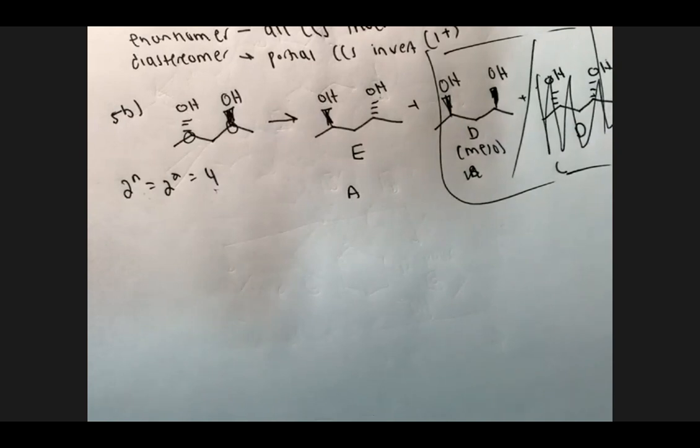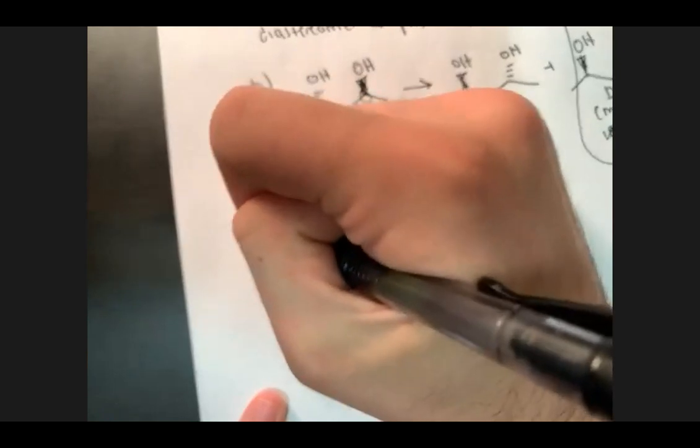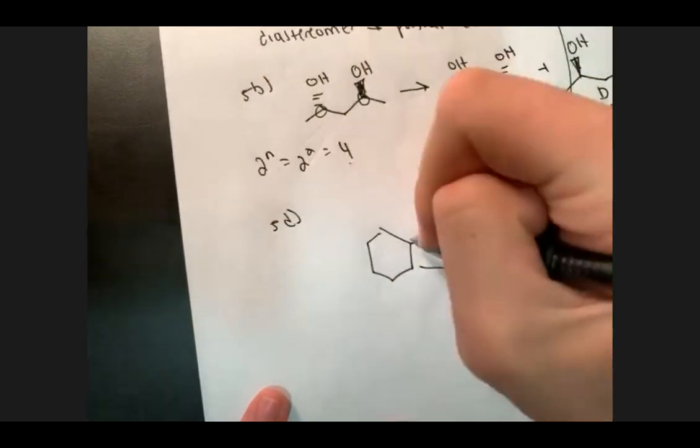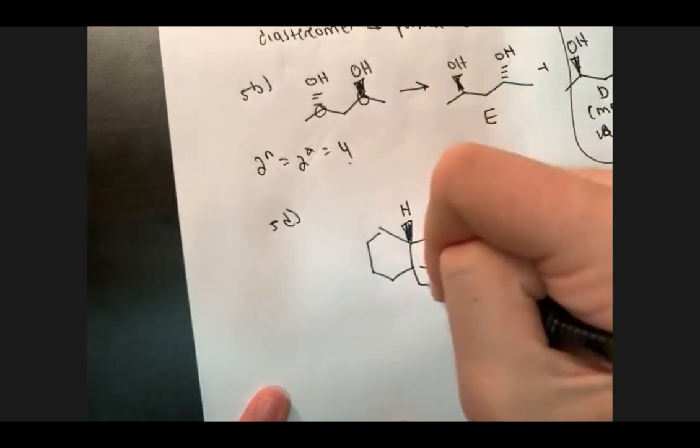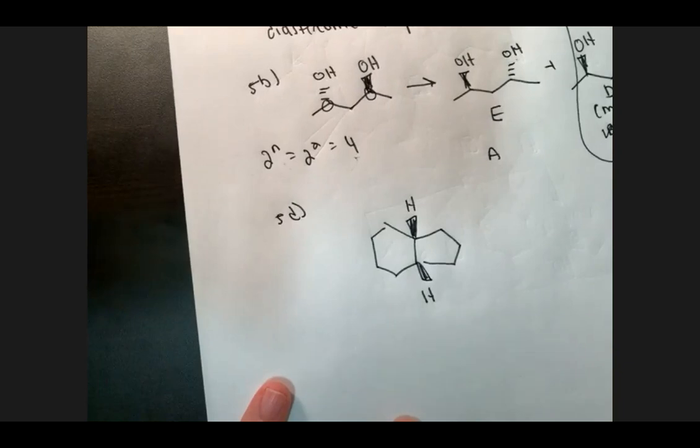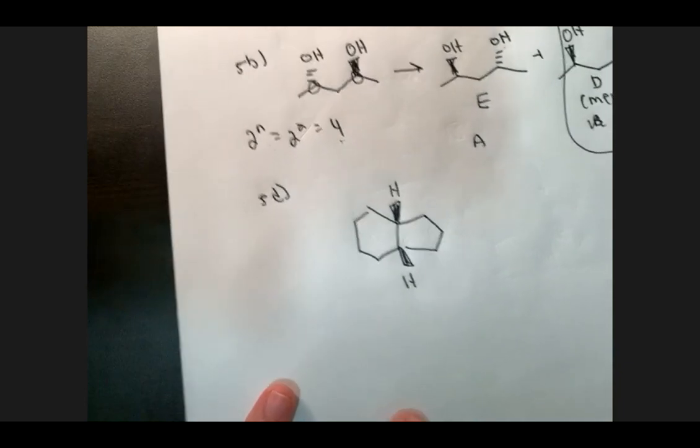All right. 2D real quick, or 5D, whatever we're on. We have this bicyclic structure, 2 cyclic structures, hydrogen, hydrogen, and we want to draw the enantiomer. Really easy. First of all, how many chiral centers do I see? Put it in the chat box. Tricky. 2, yeah, 2.